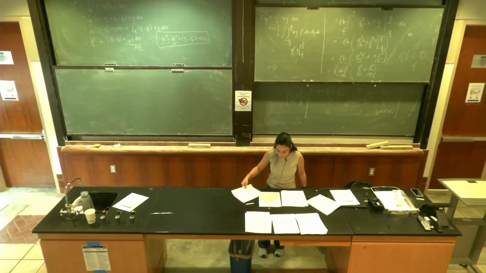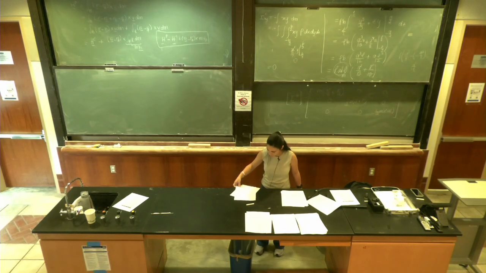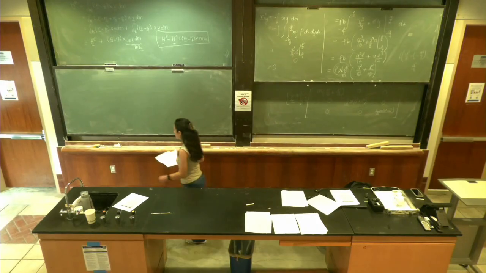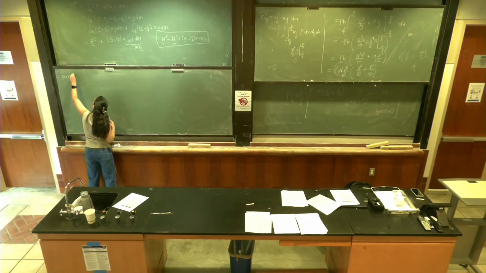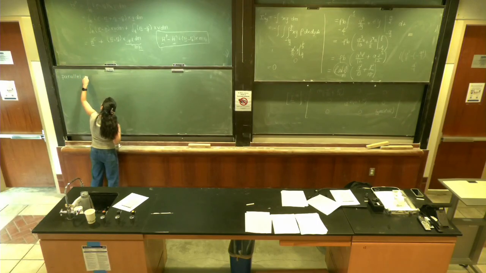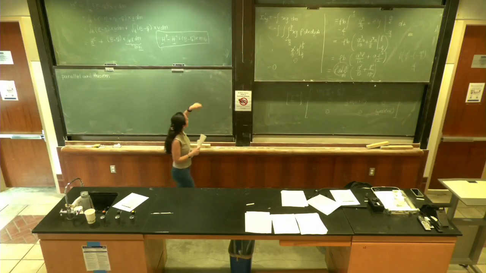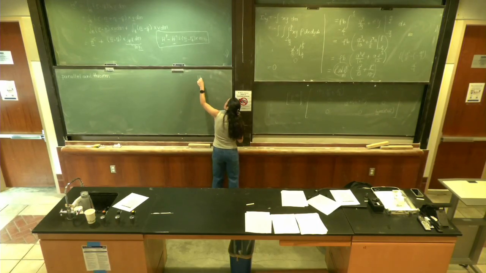Okay, so the parallel axis theorem. What I have so far is that HC is equal to IC omega.